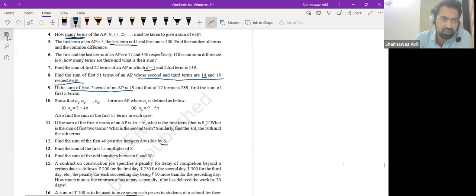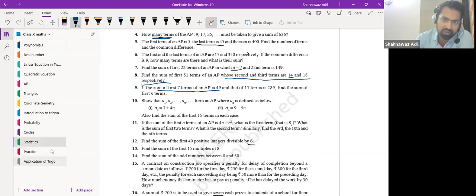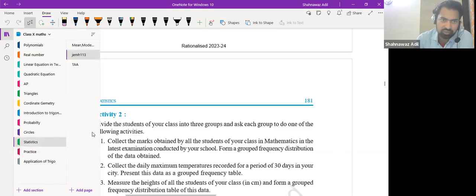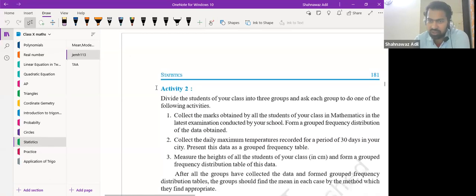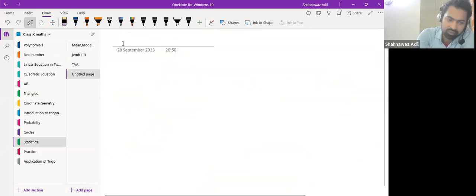So then we can start this statistics, because the exam is on 19th, right? So at least we should cover that. Then we will do this.